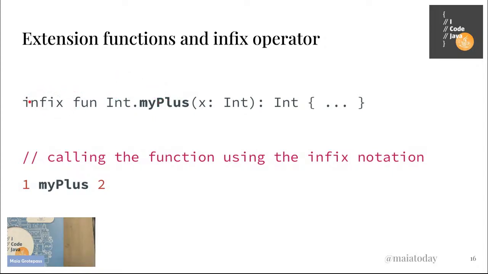And this infix means it doesn't have to be called like a normal method. It can be called like an operator. So when you're using it, you would use it like this. This is an integer. This my plus is an extension function like that on integer. And because it's an infix function, it means the function can be in between the thing that it's calling on and the parameter that's coming on the outside.